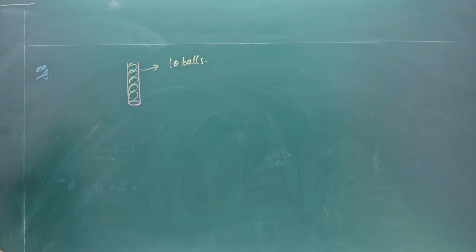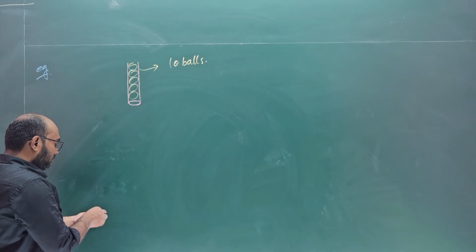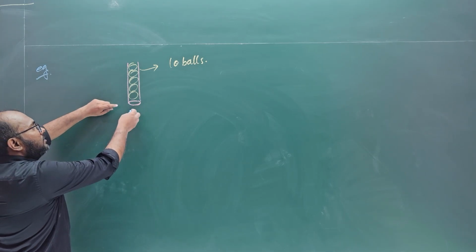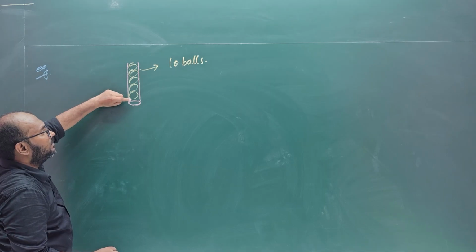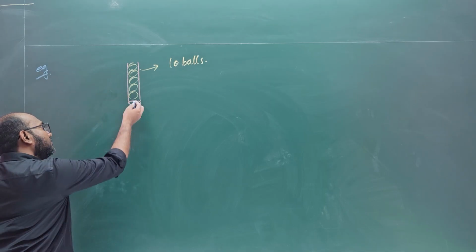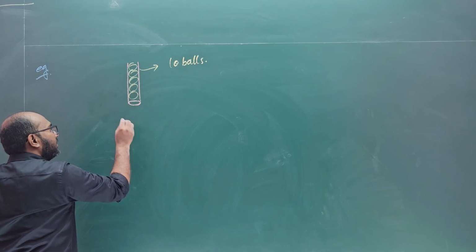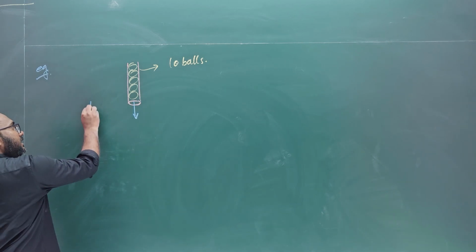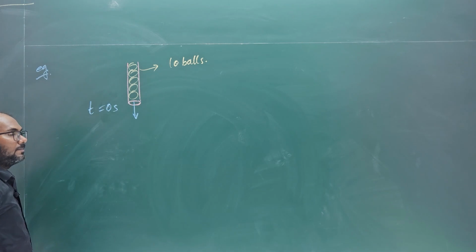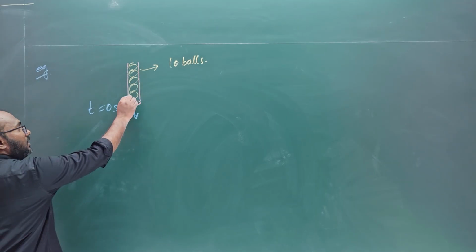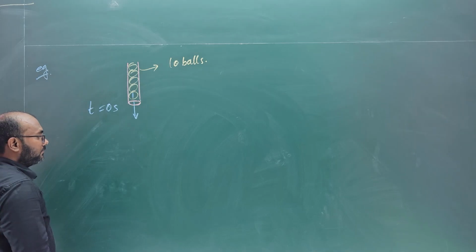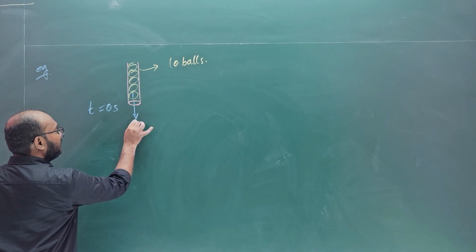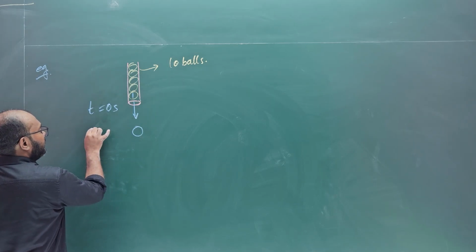Now, due to the weight, the balls started to get pressurized, so due to that, a ball is being dropped here. First ball dropped here. At t equals 0 seconds, which ball dropped first? Ball number 1. After 1 second, it reached here.